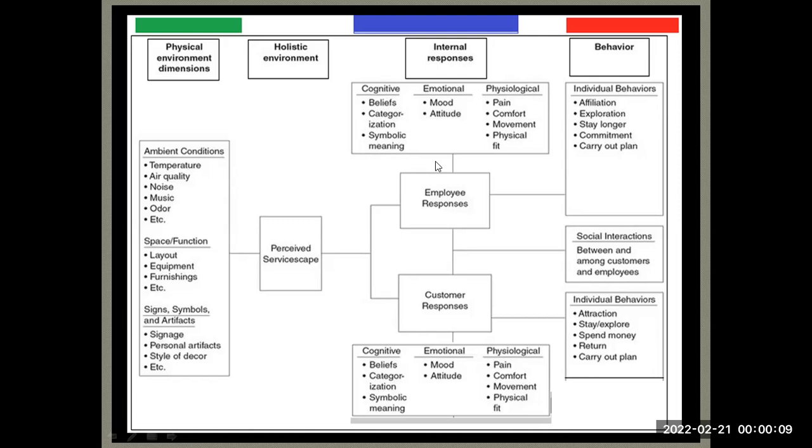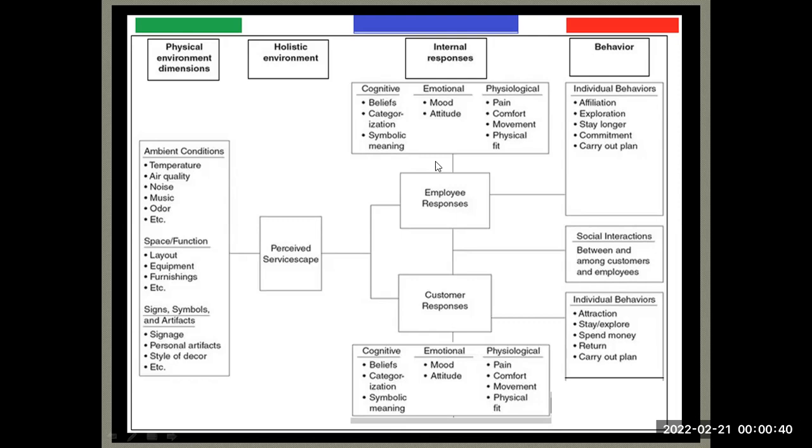The employee will have a specific belief about the organization: whether this organization is good for me to work, whether it is bad for me to work. Then he will categorize this organization in a few categories.